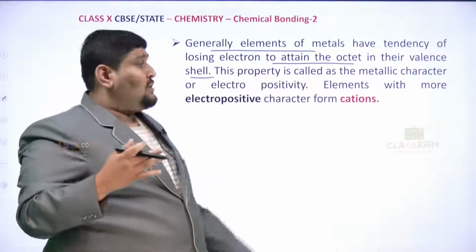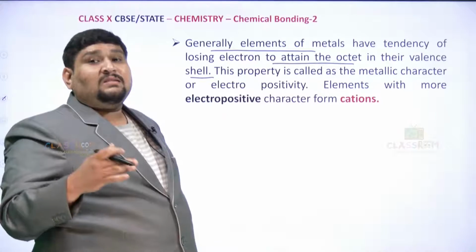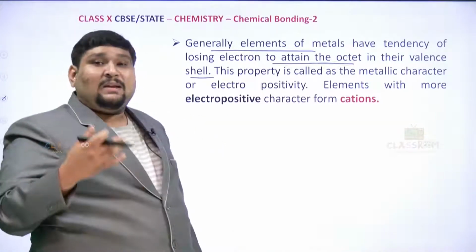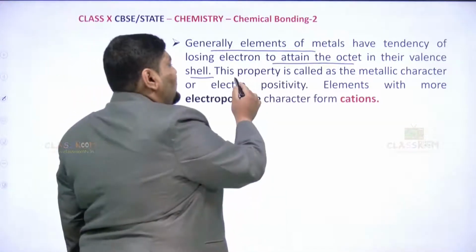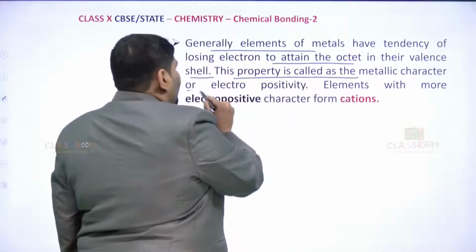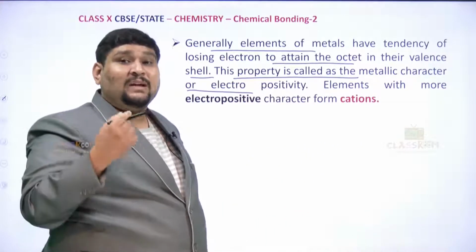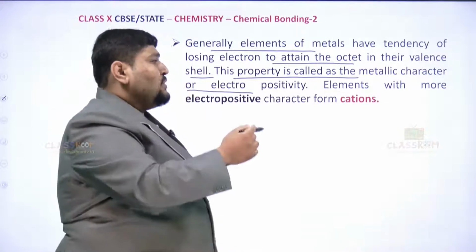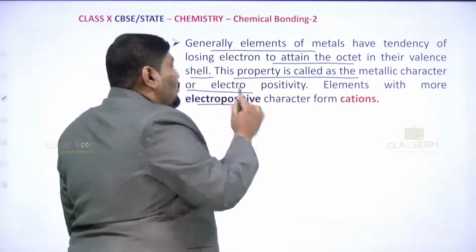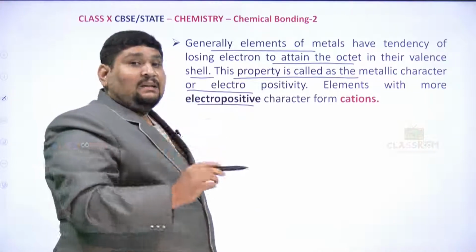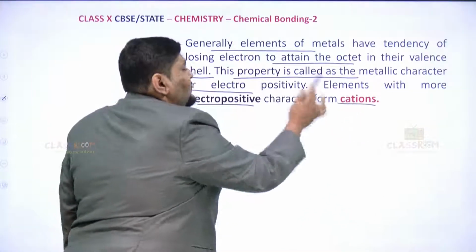So metals have the tendency of losing electrons to attain an octet in their valence shell, and this property is called metallic character or electropositivity.